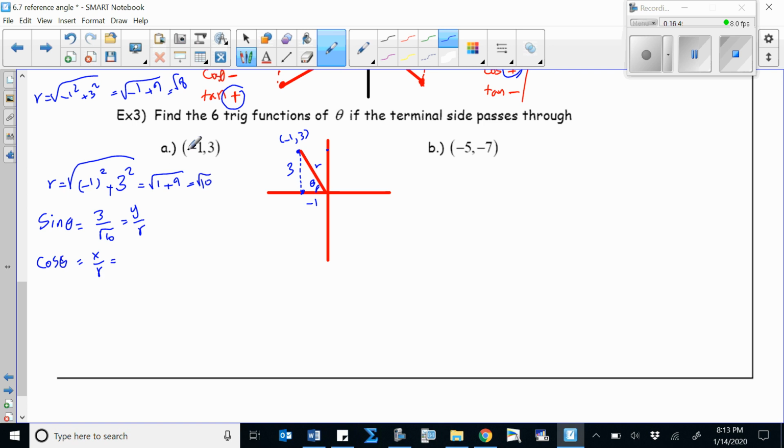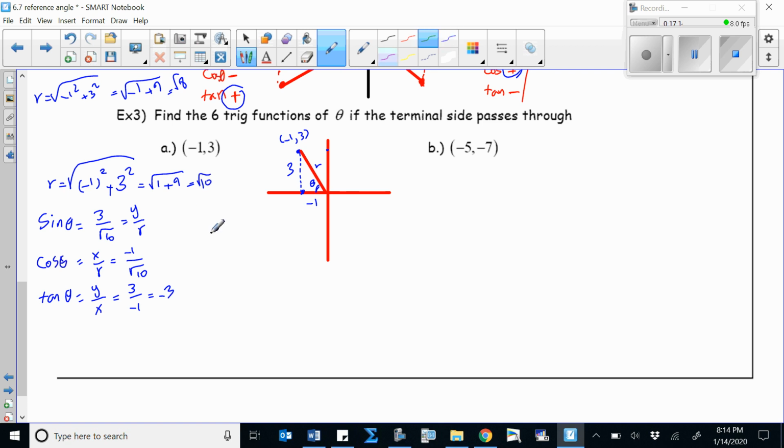That is -1 over radical 10. Tangent of theta is y over x. Y is 3 and x is -1, so that will be -3.